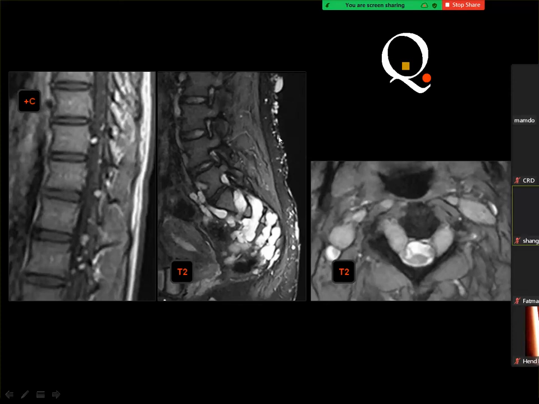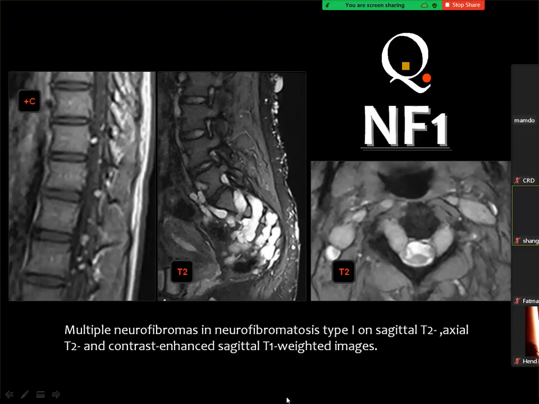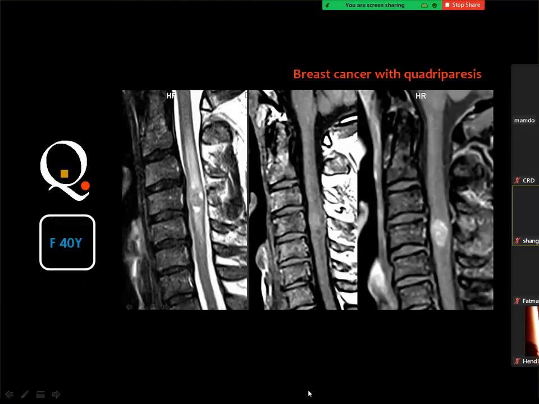And you also got some subcutaneous neurofibromas that are enhancing also with contrast. And in the axial image, you see the classic appearance of neurofibroma extending through the neural foramina.